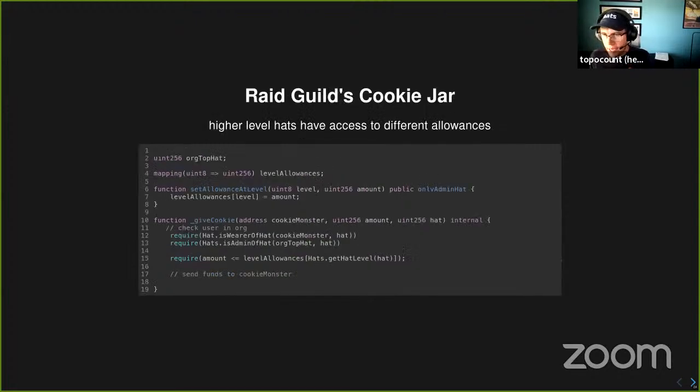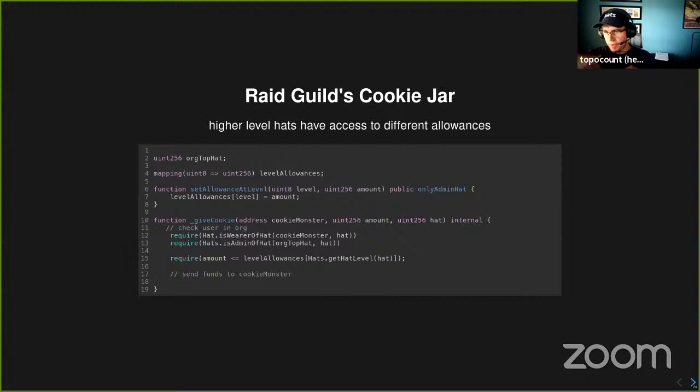So then this new example, Raid Guild's cookie jar, which I think is a really exciting technology, has a lot of exciting applications. We thought about this idea of having multi-tiered allowances on the cookie jar based on the hats that you're wearing.